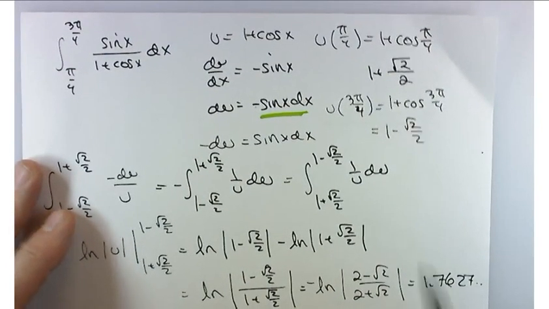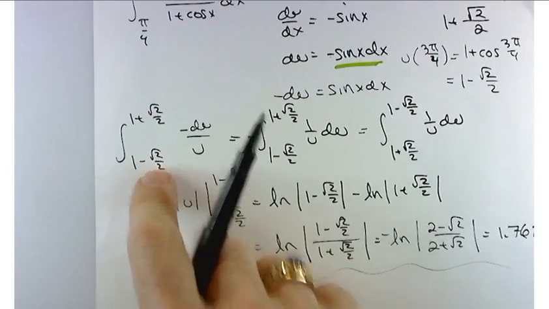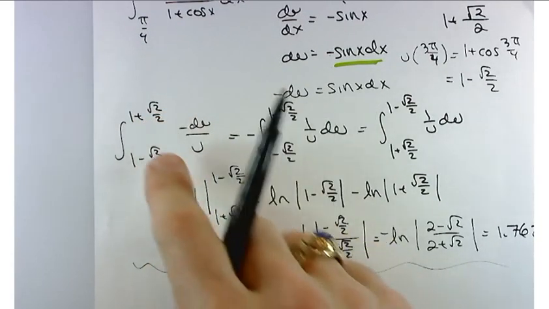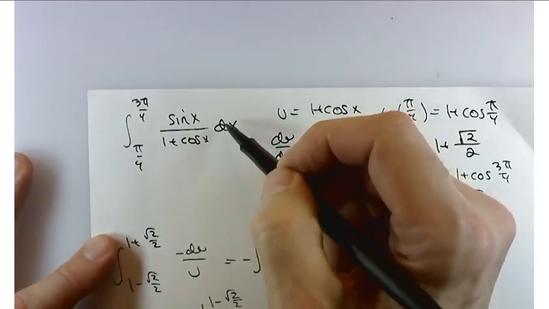If you don't change your limits of integration, then really what you should be doing is, in this next step, you'd write from A to B. Because the limits of integration of pi over 4 to 3 pi over 4 only refer to the variable x. They don't refer to the variable u.